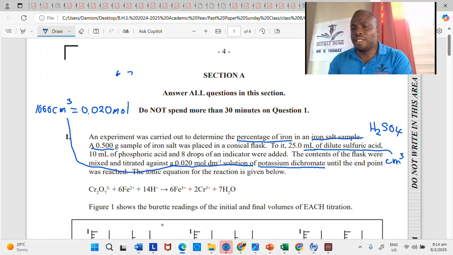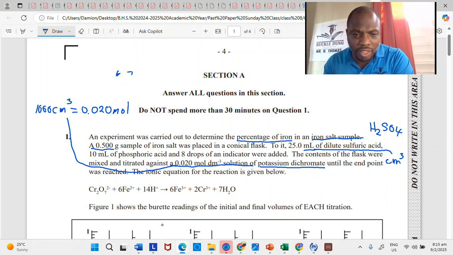What happens to an oxidizing agent? If I'm an oxidizing agent, what is happening to me? I'm being reduced. And if I'm being reduced, that means I am gaining electrons. Not true? If I'm being reduced, it means that I am having a lower oxidation state. My oxidation state is decreasing. So this is how I want you to break down the question and look into it deeper.